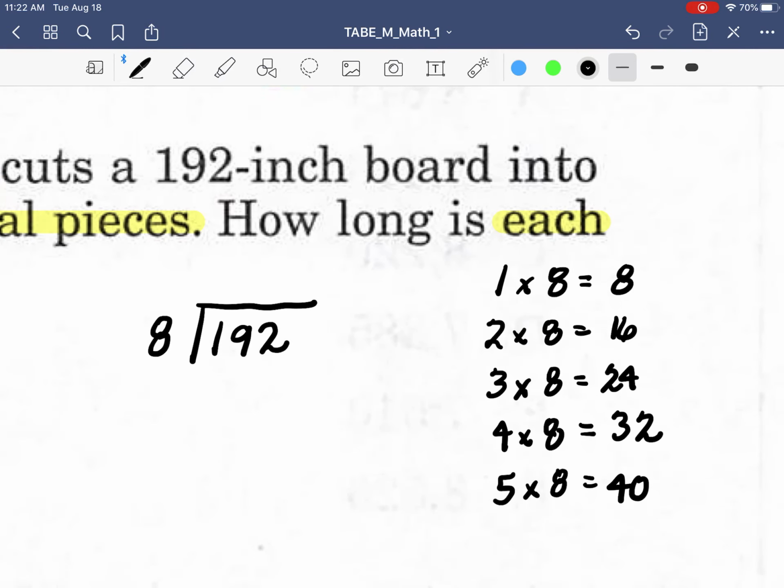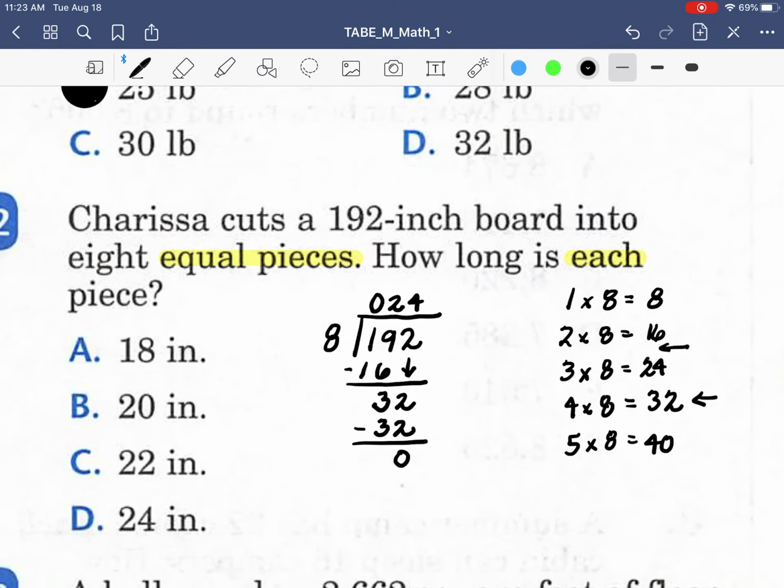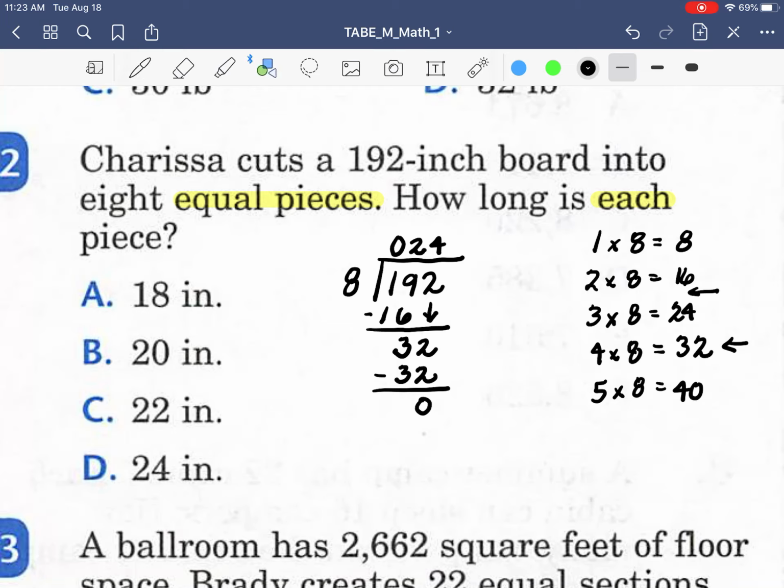So, 8 cannot go into 1, but it can go into 19 2 times. 2 8s are 16. Subtract, bring down the 2, and 8 into 32 is 4, with no remainder. So each piece is 24 inches long.